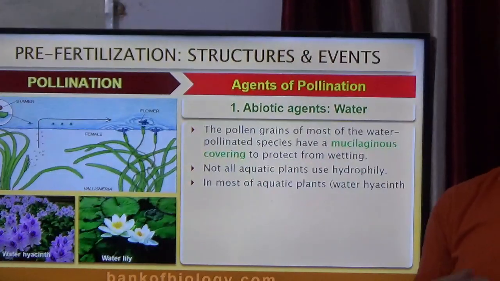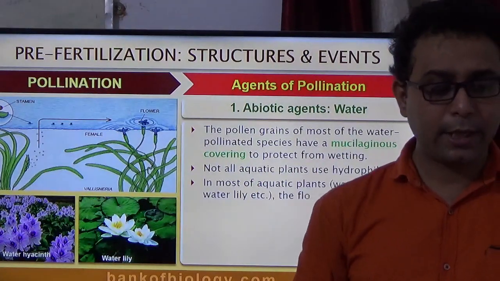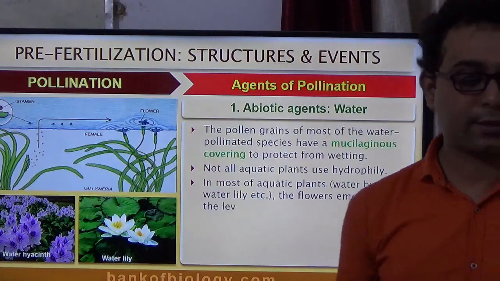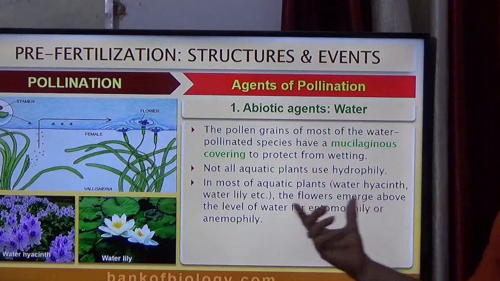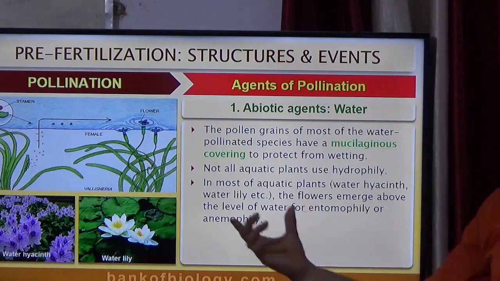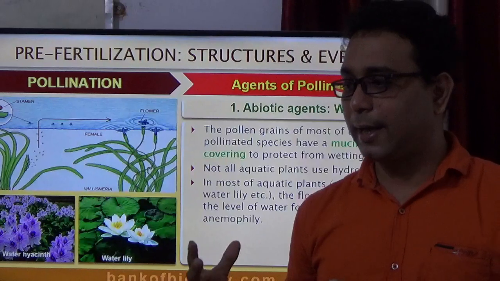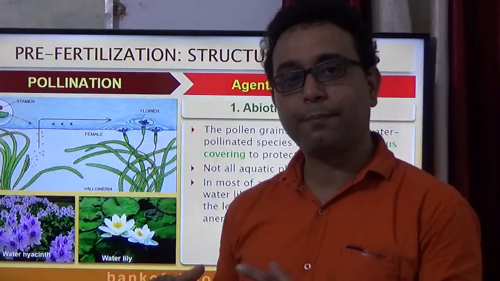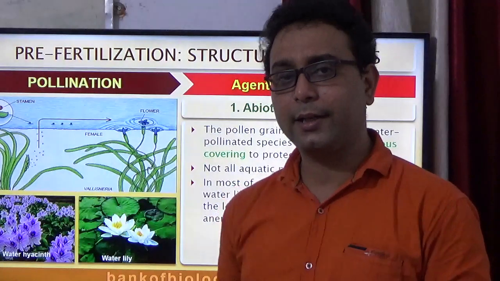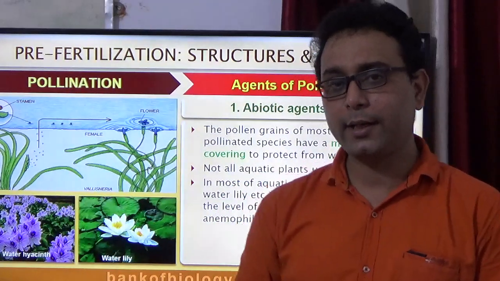So not all aquatic plants are hydrophilous. In most aquatic plants like water hyacinth and water lily, their flowers ultimately rise above the level of water for entomophily or anemophily. If you think that because the plant is growing in the water, pollination is happening in the water by hydrophily, that is not correct, right?